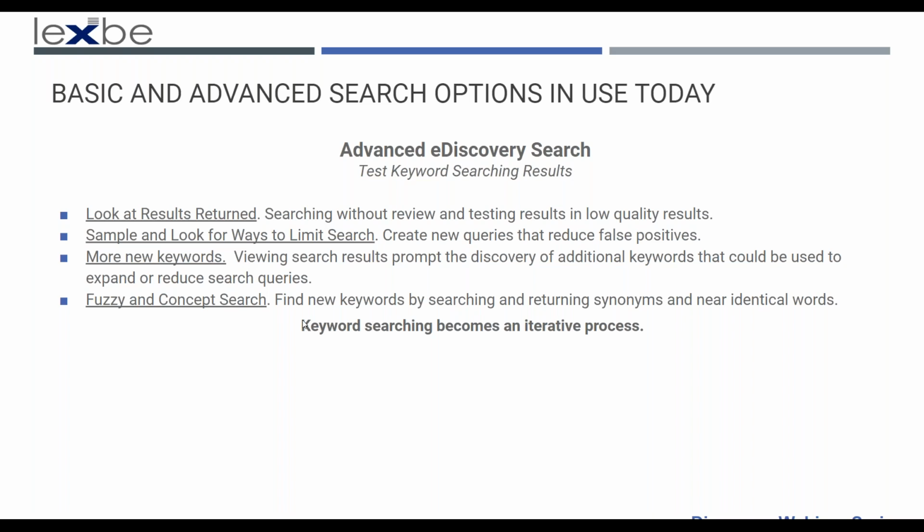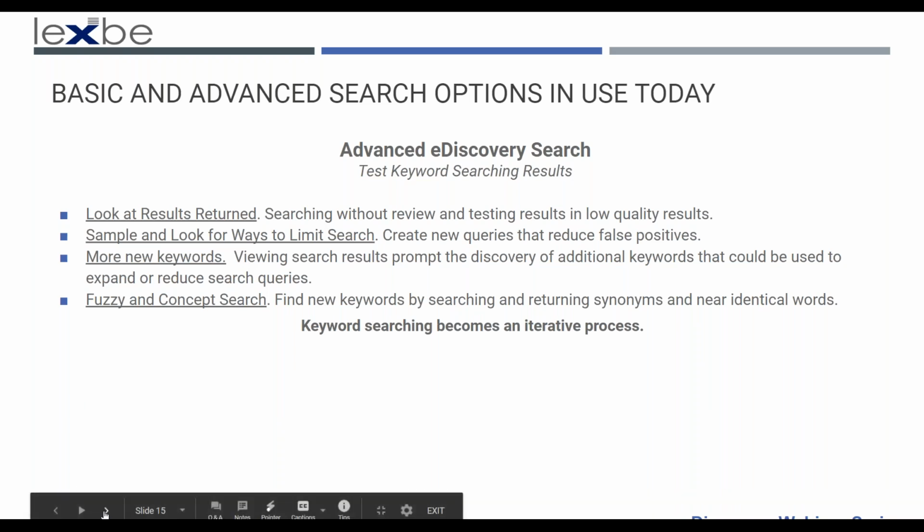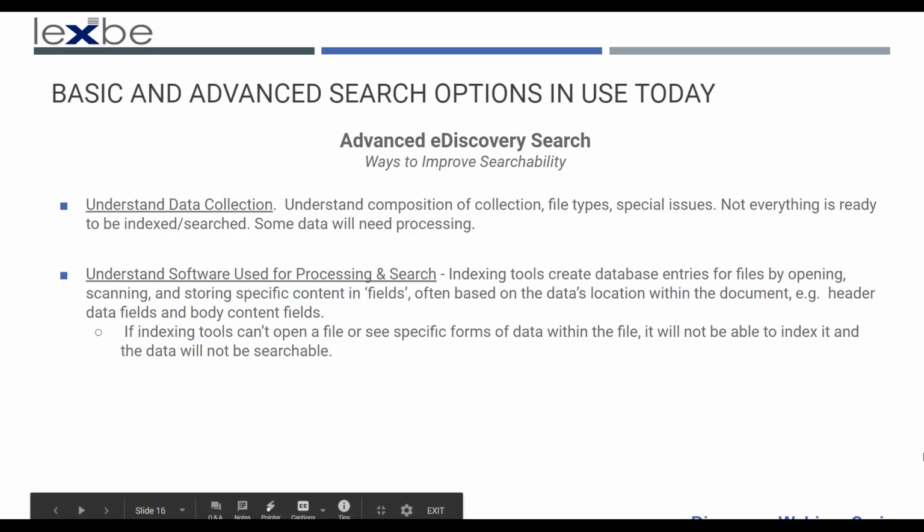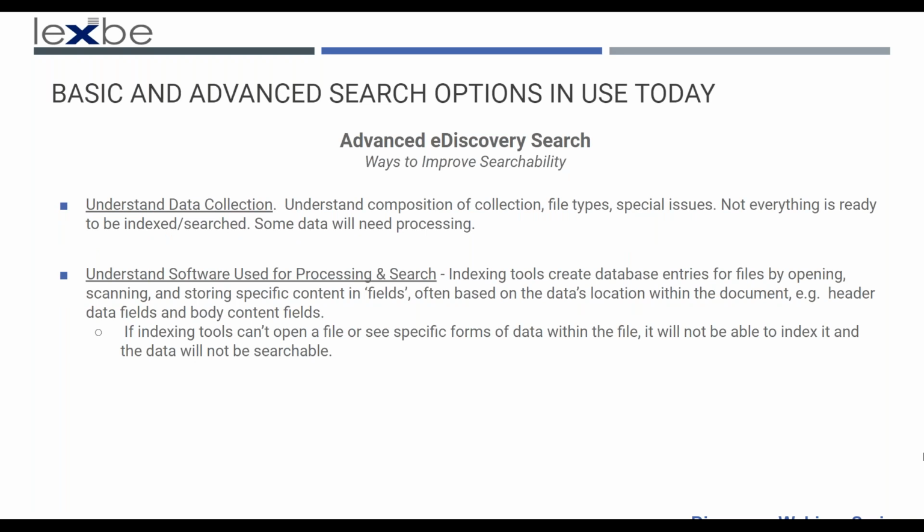So some ways to improve searchability is to understand your data collection. And if it's not you, someone on your review team needs to understand the type of data that's coming out of your custodian's hard drive or email. You have to understand the file types that are in there, any type of special issues you may run into. So what I talked about before with the construction documents or the engineering documents, can your vendor support the searching of text in a DWG file?